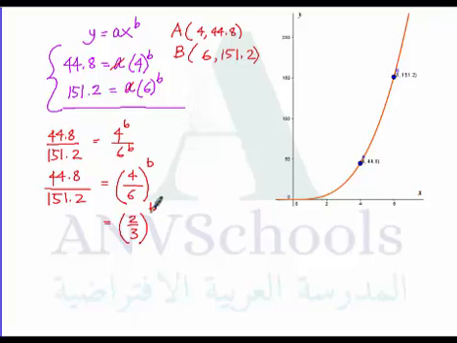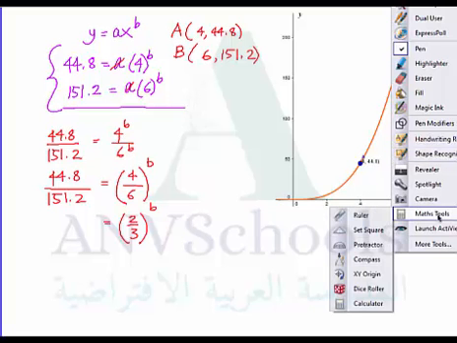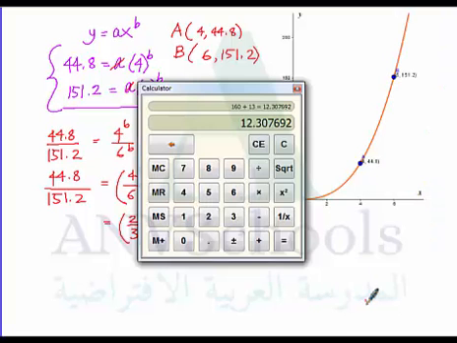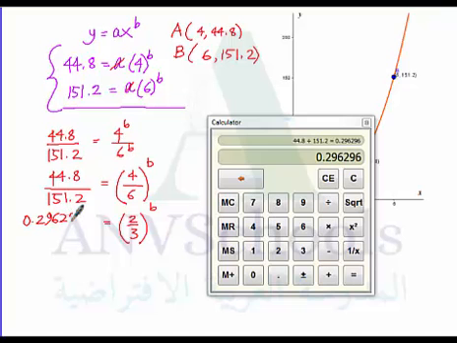b, and this is 44.8 divided by 151.2. We would have to make use of our calculator. So 44.8 divided by 151.2, and that gives us 0.296296.